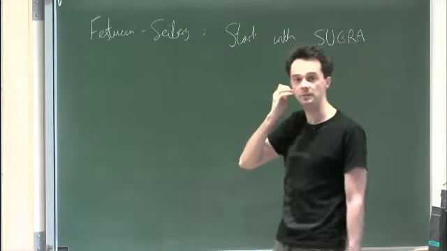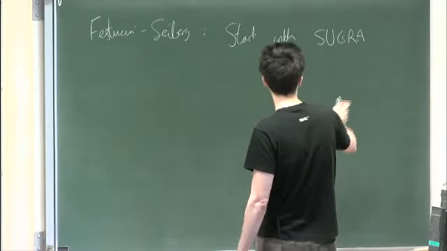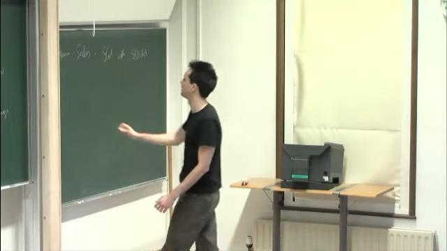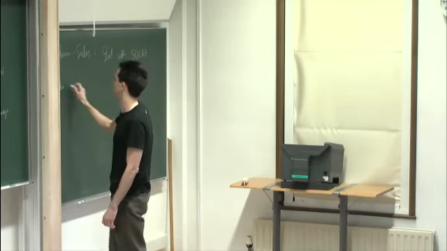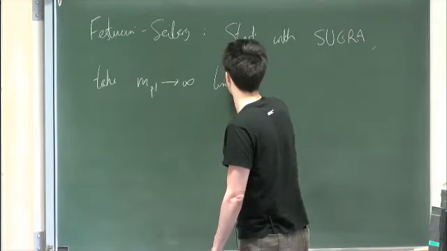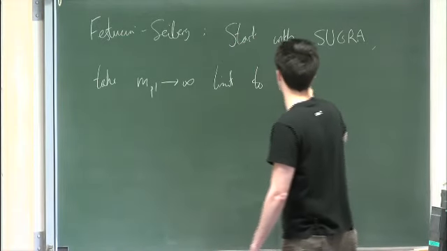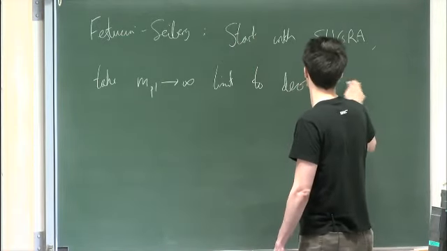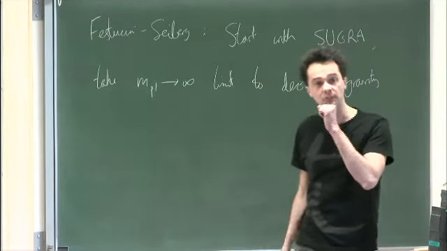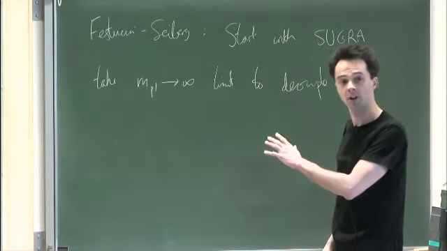It would be in 3 dimensions in this case. And you take a limit of that in which you decouple gravity. You take an M Planck goes to infinity limit to decouple the gravity, and you're left with a rigid supersymmetric theory on a curved manifold.